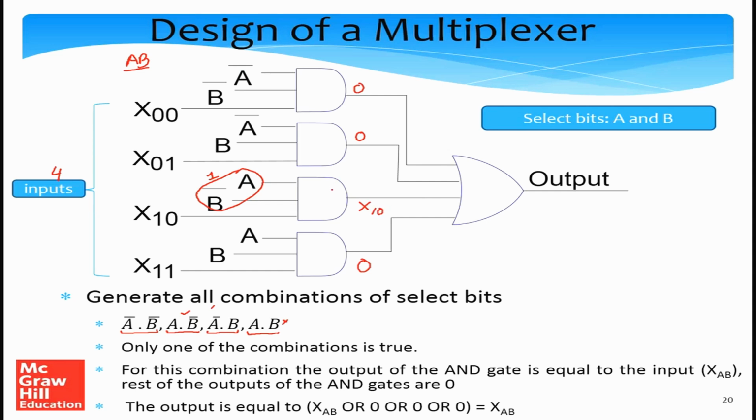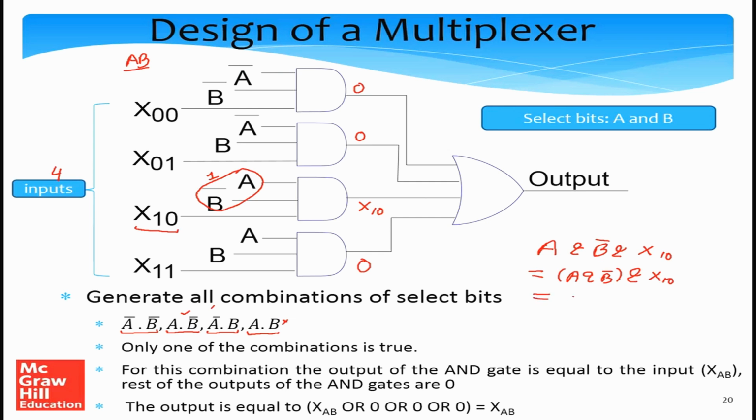So let me explain this once again. Since A and B bar is equal to 1, pretty much their value does not matter. The output of the AND gate will be equal to whatever is the value of x10, right? Because what is the output? It's A and B bar and x10.